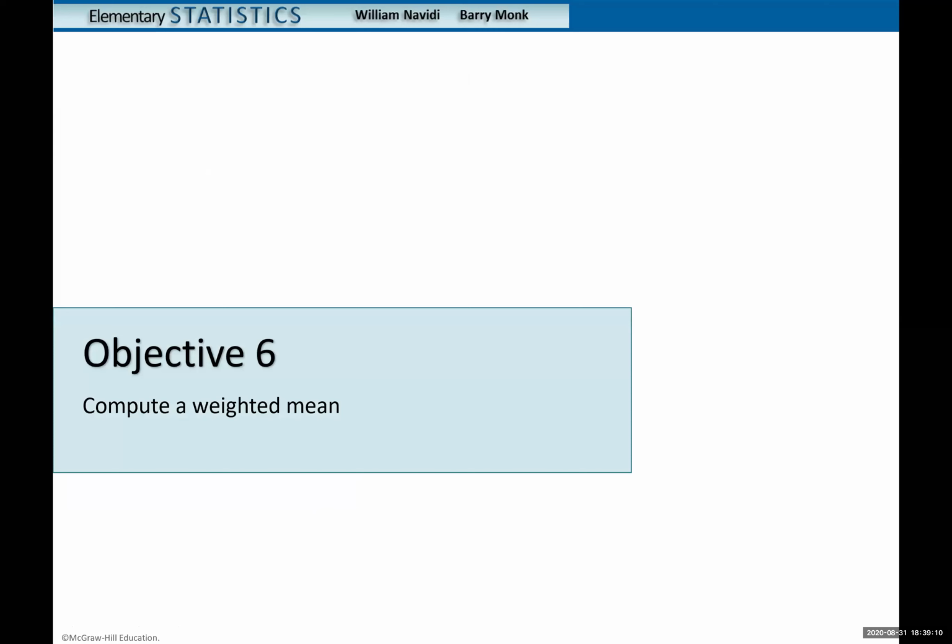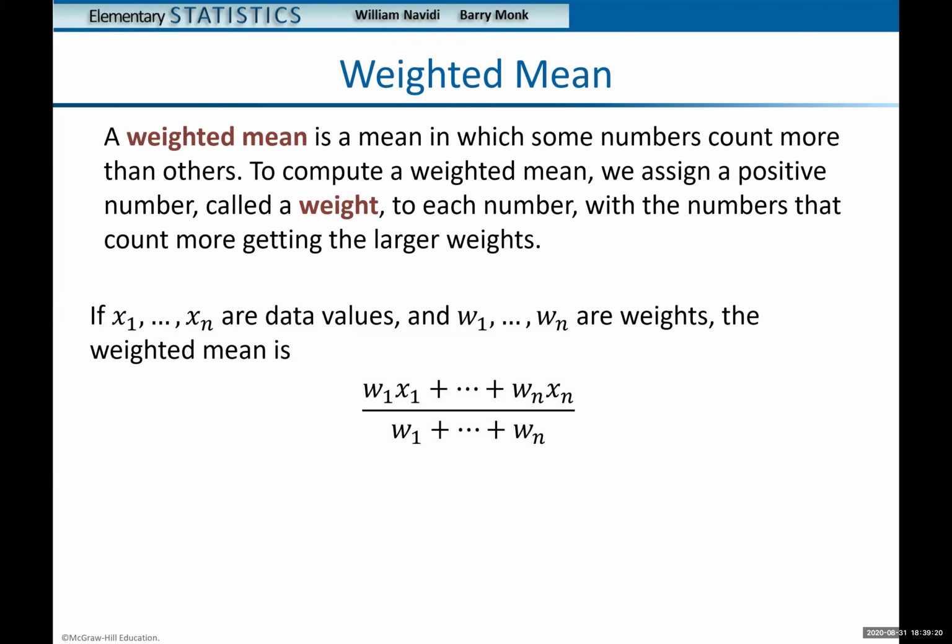And the last part of 3.1 is compute a weighted mean. So this is like how to compute your grades in this class. I'm going to show it to you later. So copy this definition of weighted mean. It is a mean in which some numbers count more than others. To compute a weighted mean, we assign a positive number called a weight to each number, with the numbers that count more getting the larger weights.